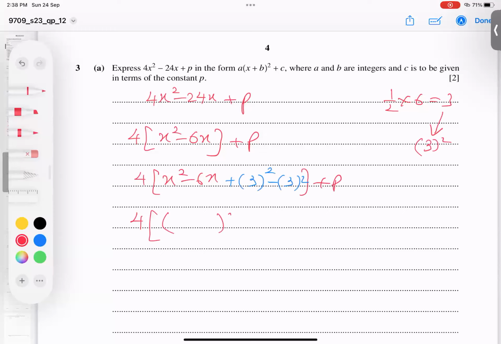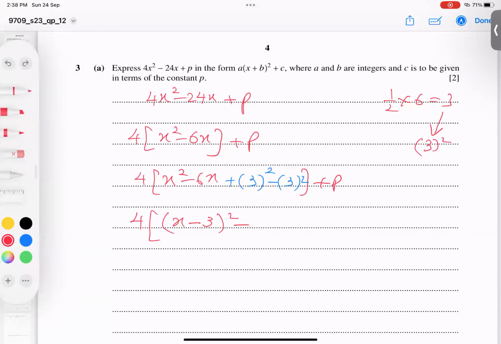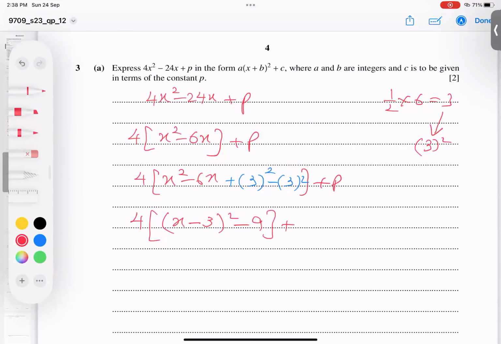How they combine, I show you. x comes from here, 3 comes from here, and the negative sign comes from here. So ultimately, if I check carefully, I get x minus 3. And this negative 9 comes from here. This 4 multiplies here and multiplies with that. I get 4 times x minus 3 whole square, and 4 nines are 36.